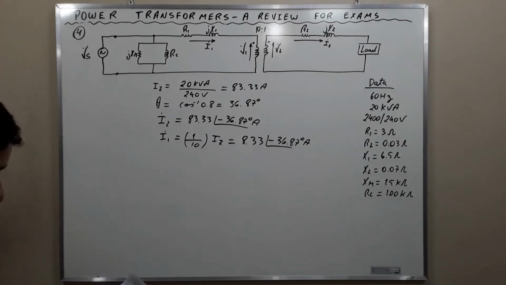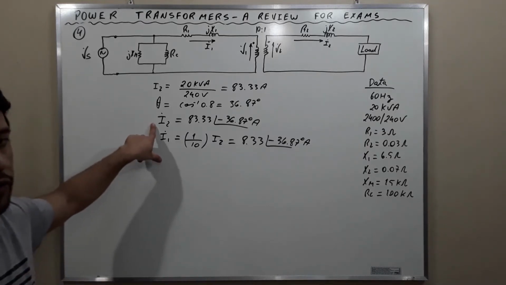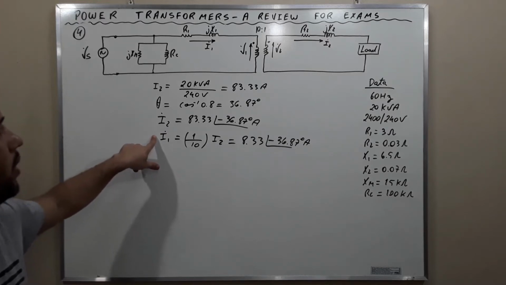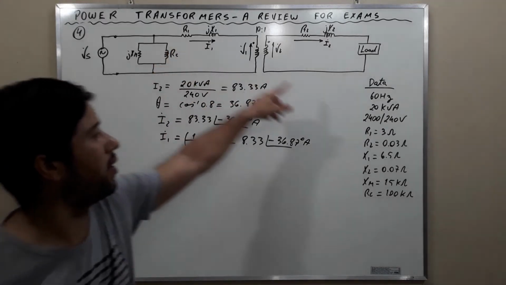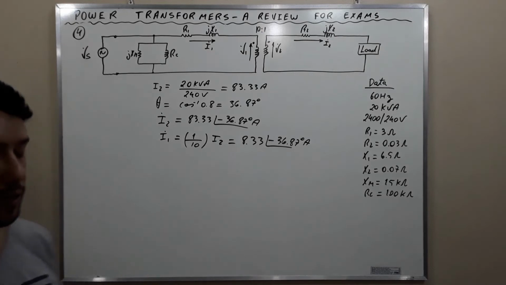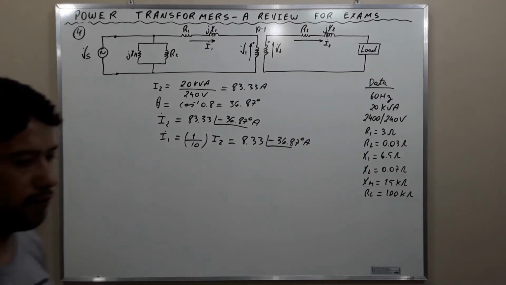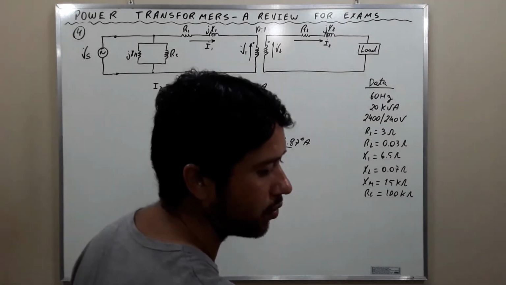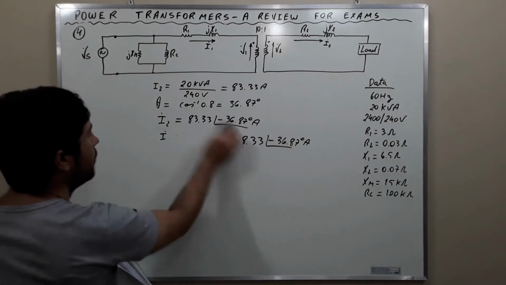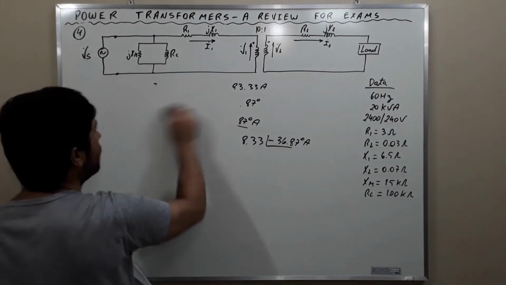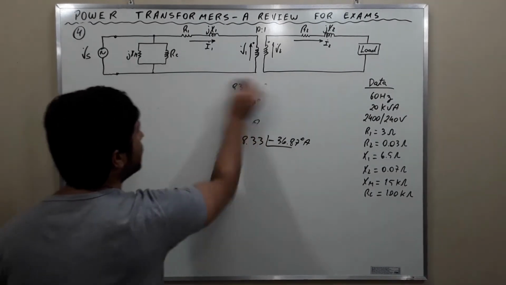Subsequently, we calculate the voltages, okay, with the values of the currents I2 and I1, and these parameters here that were given by the exercise. We can calculate the voltages. I'm going to erase here because I'm going to need more space.